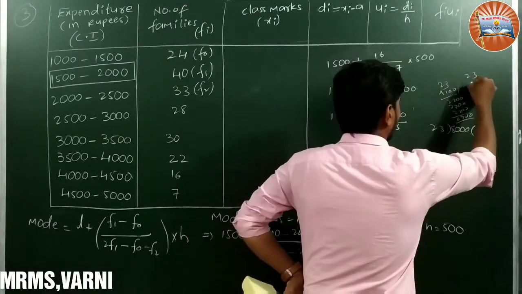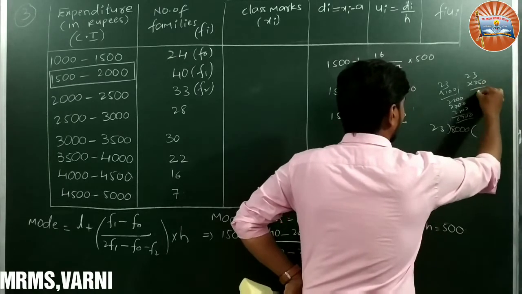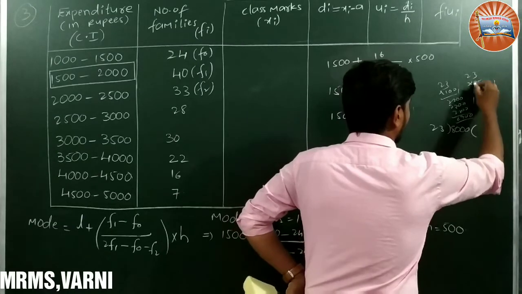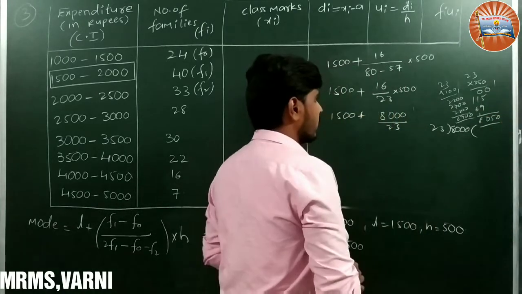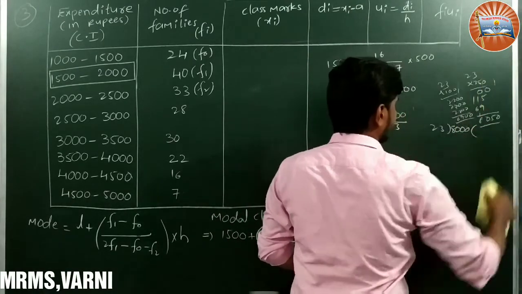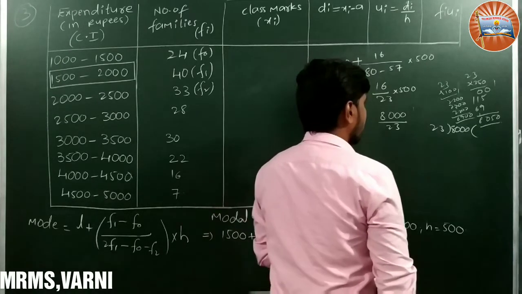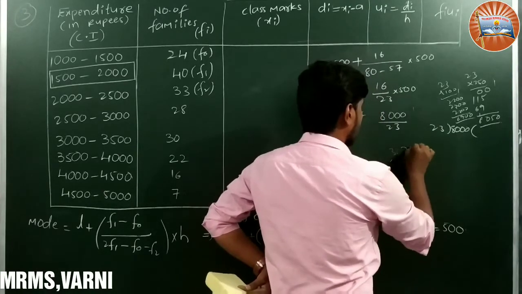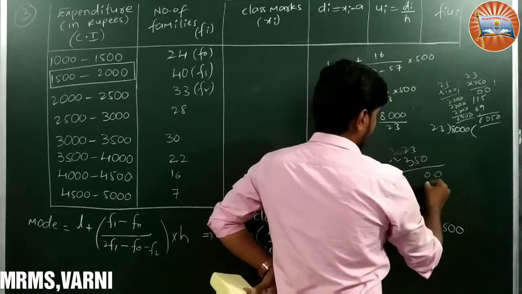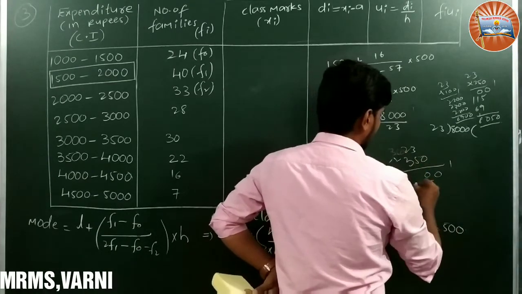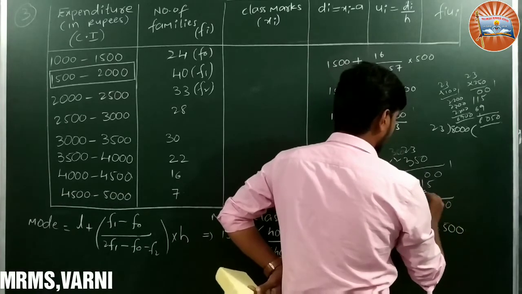So next, 23 into 350. 3 fives are 15, 5 twos are 10, 11, 3 threes are 9, 3 twos are 6, so 8050.